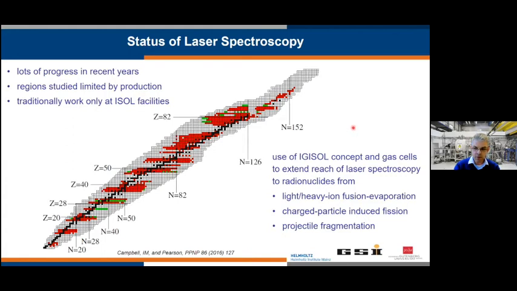And then you need to slow down the particles in a very simple and efficient way. This is usually done with the help of buffer gas systems, and this has really expanded the access that we can have.